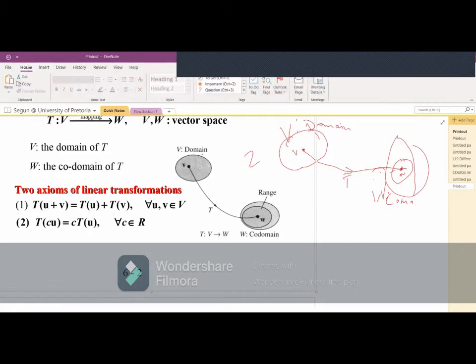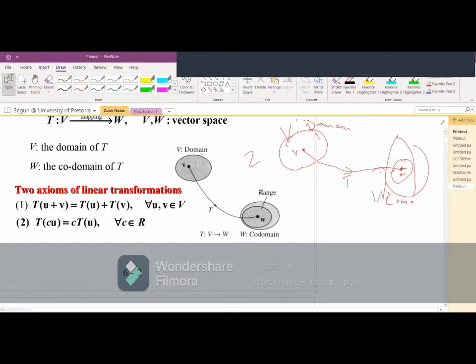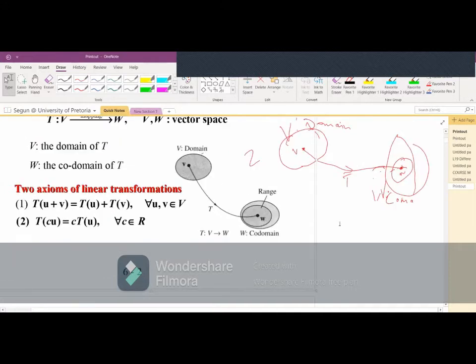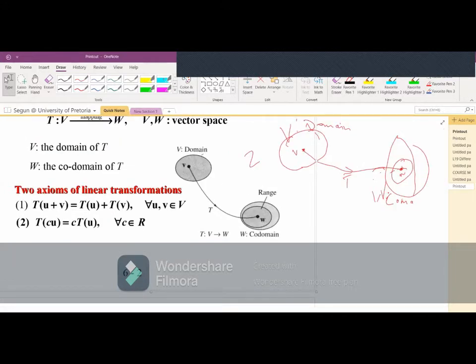Okay, let's continue with the draw. I will just explain because this is not the note for today, but I'm just trying to explain.